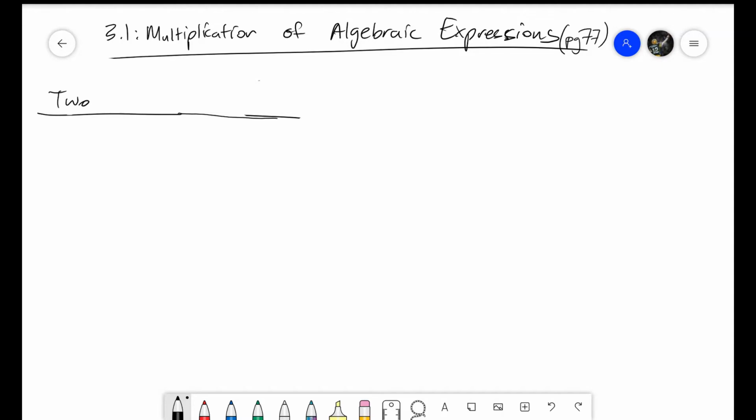The next section is the multiplication of two binomials. To do this, you multiply each term in the first binomial by every term in the second binomial. So for example, if you have 4x plus 1 times 3x minus 2, you would first multiply the 4x by the 3x. That would give 12x squared.